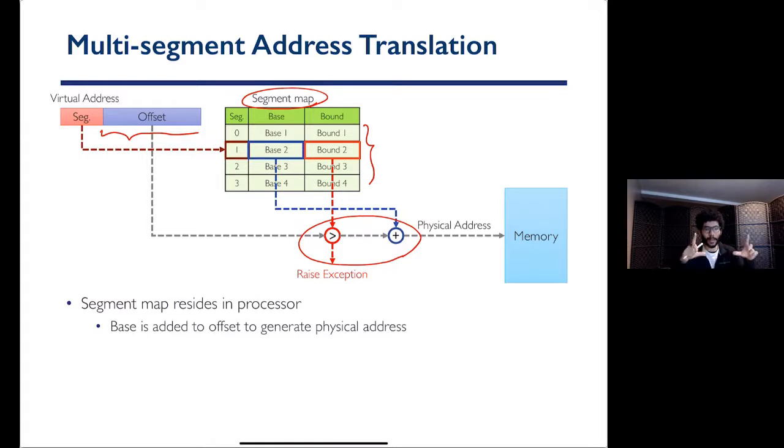We can just have a map. So this is the extra hardware we need. And every time the operating system context switches between different processes, it has to change all these registers. Very similar to base and bound: every time you start running a new process, you have to change the base and bound registers for that process.